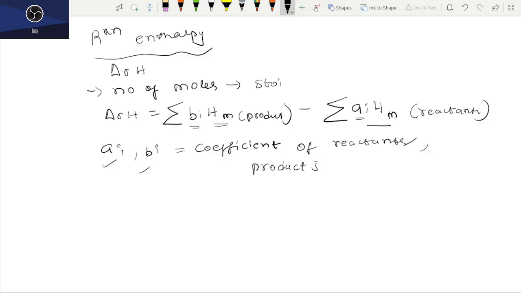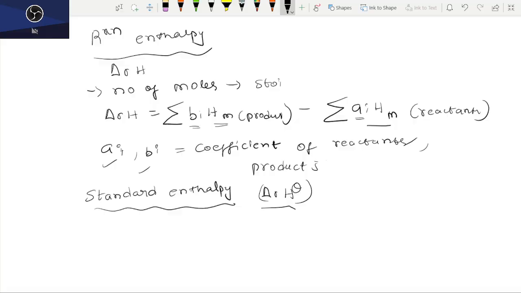Standard enthalpy of reaction. How is this standard enthalpy of reaction going to be indicated? Delta small r H power theta. It is the enthalpy of the reaction when all the participating substances are in their standard states.